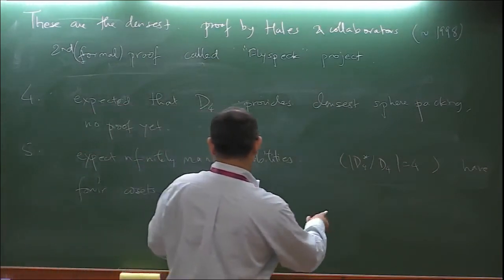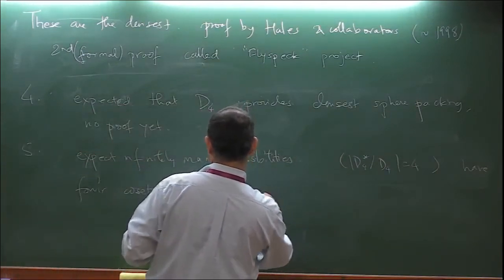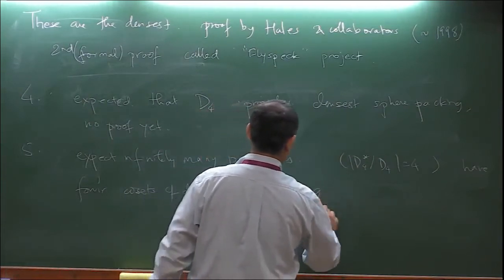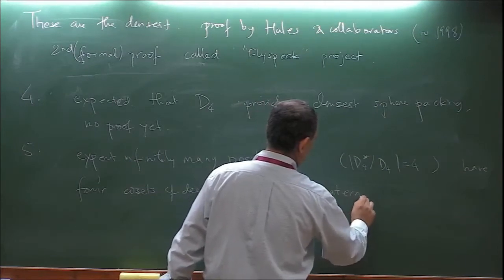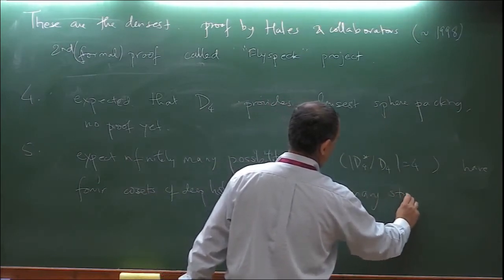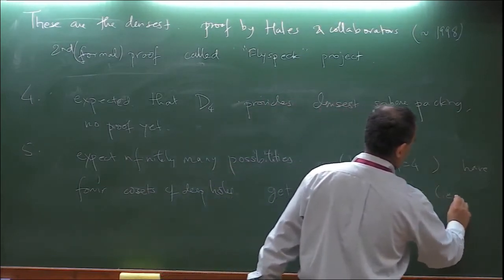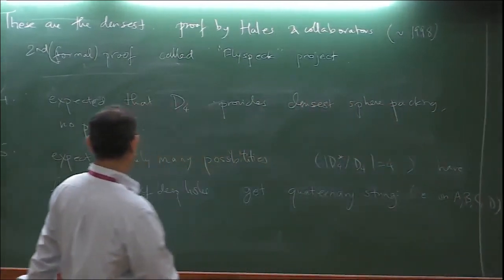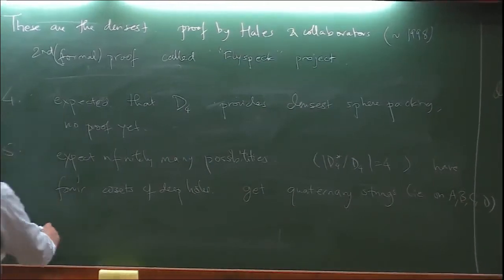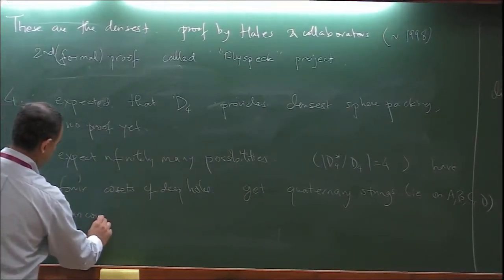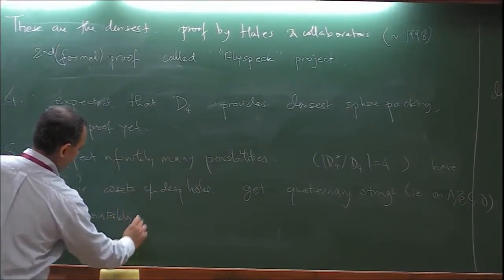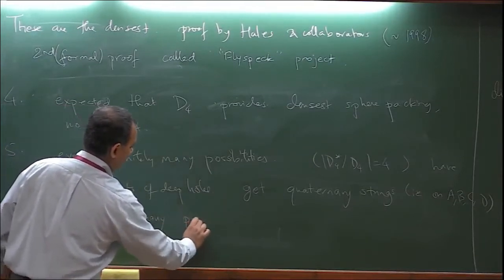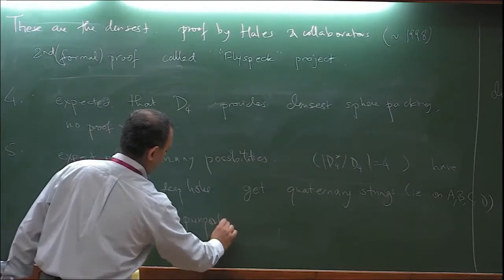So you get quaternary strings. So again, this gives you uncountably many purported densest lattices.